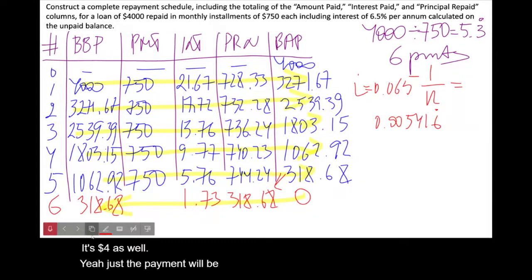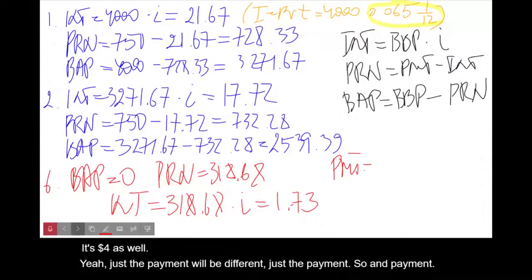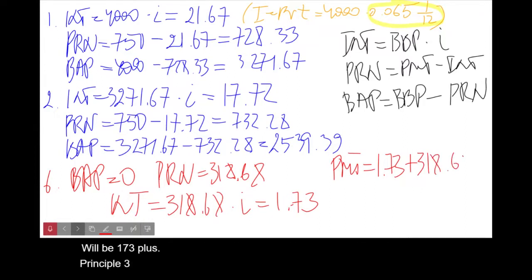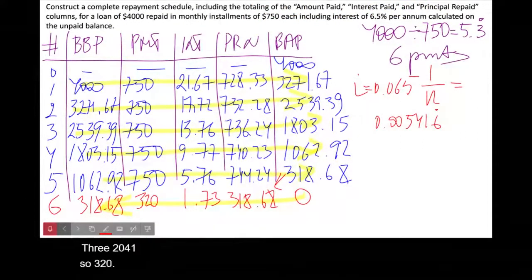There's no payment given, so payment will be 1.73 plus principal 318.68. So what is it? 320.41. Okay.